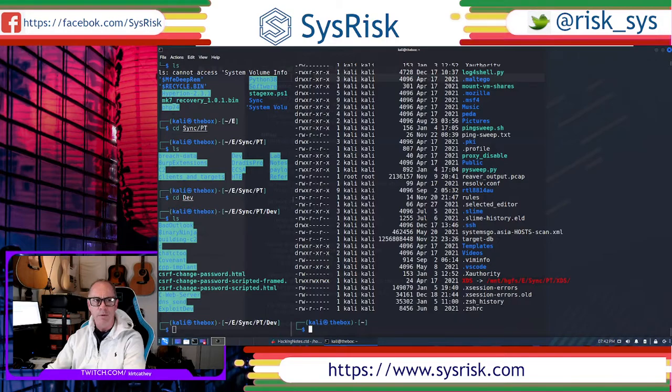What a lot of people do, especially junior pen testers or people that are starting out, is they'll just dive into Nmap and do what was a really nice Nmap I came up with the other day.